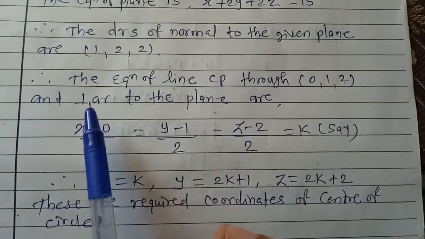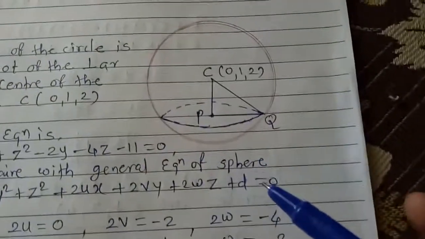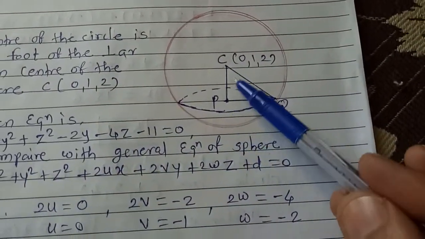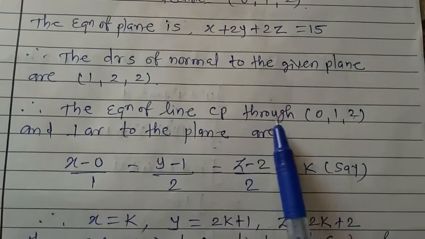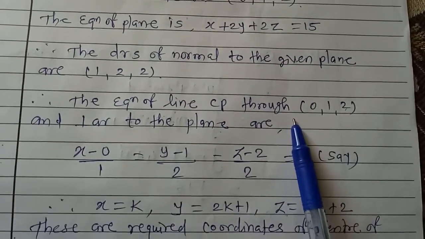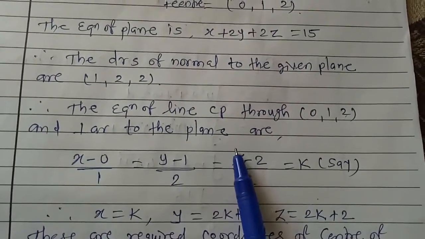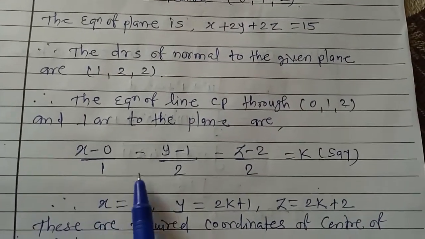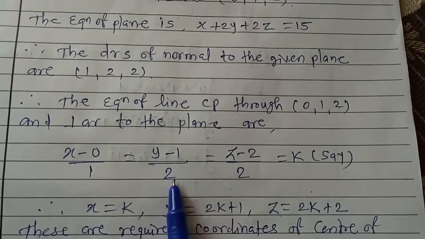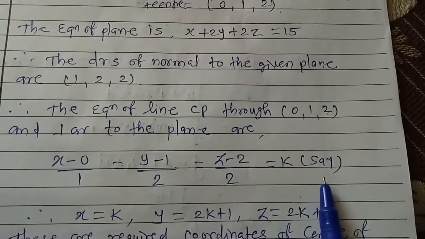Next we can find the equation of line CP, through the center of the sphere and perpendicular to the plane, that is x minus 0 divided by 1 is equal to y minus 1 divided by 2 is equal to z minus 2 divided by 2 is equal to k, say.